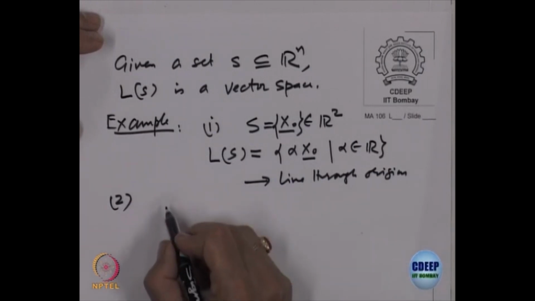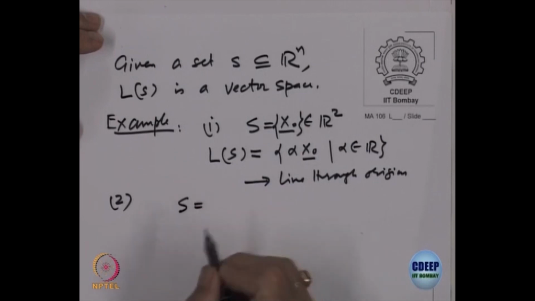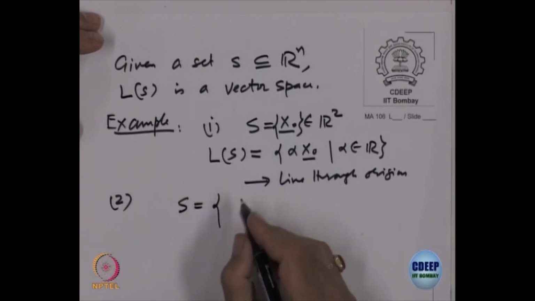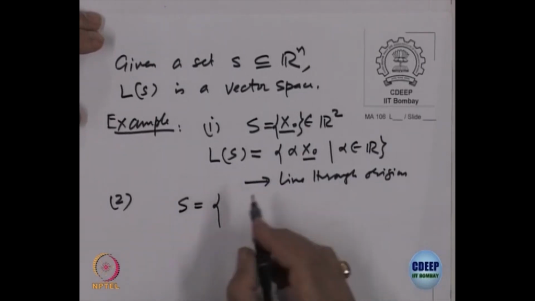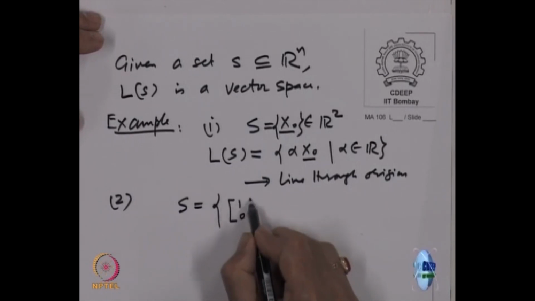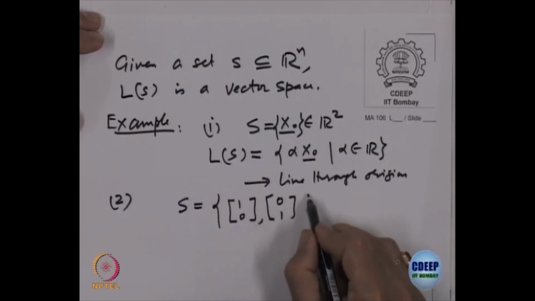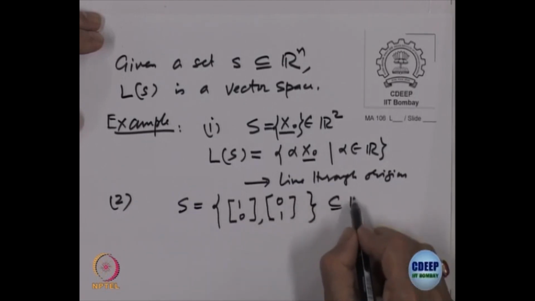Let us look at a second example. So, let us look at S to be a set. Let me take some particular vectors. This you have all done. Let us look at 1 0 and 0 1 in R 2.